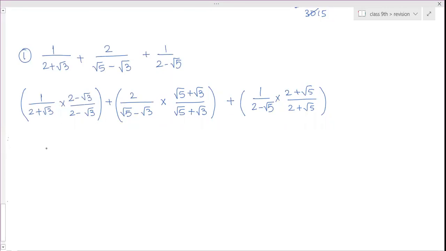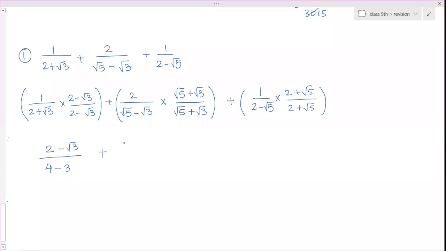1 into 2 minus root 3 is 2 minus root 3, divided by 2 plus root 3 into 2 minus root 3. That is a plus b into a minus b, which will become a square minus b square. A square is 4, b square is 3.